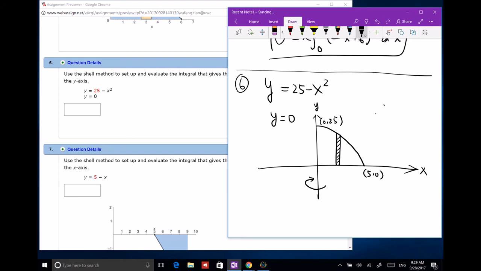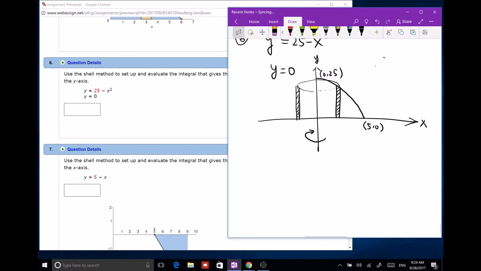We're going to have the picture like this. Now the formula is the integral from a to b of 2 pi r times h dx, which is your cylinder.